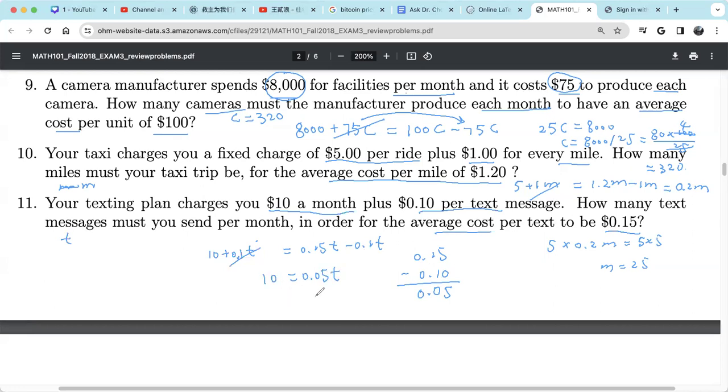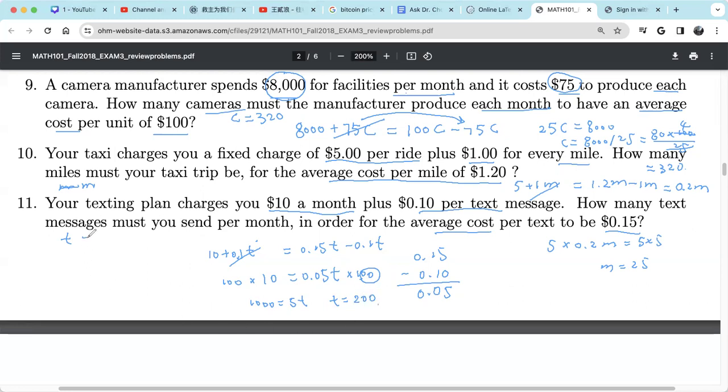All right. So let's multiply by 100 first, because we want to get rid of this 0.05. Multiply by 100 on both sides, we get 1,000 equals 5T, because 100 has 2 zeros, that kills those 2 decimal places. Then divide by 5 on both sides, so T equals, think about 10 divided by 5, that's 2, so we get 200.